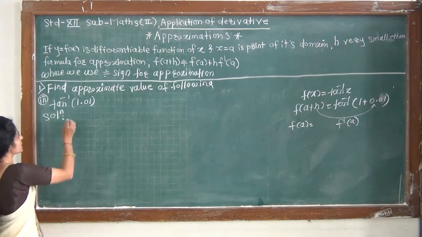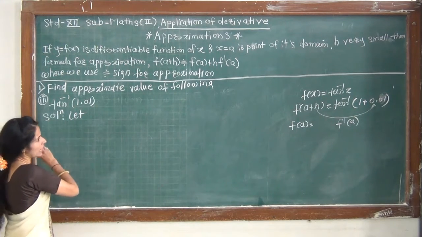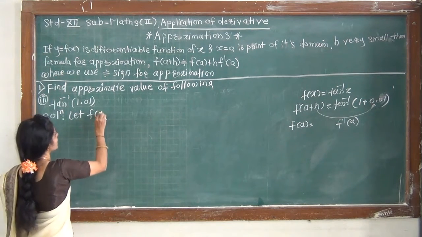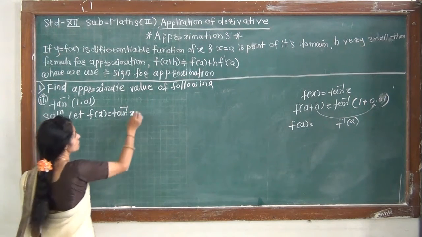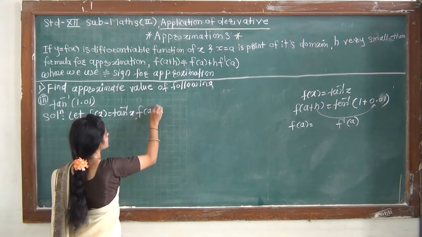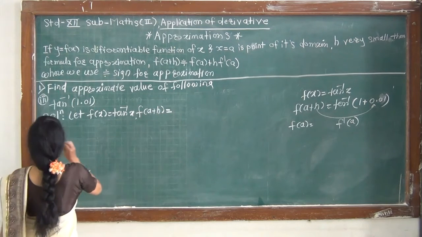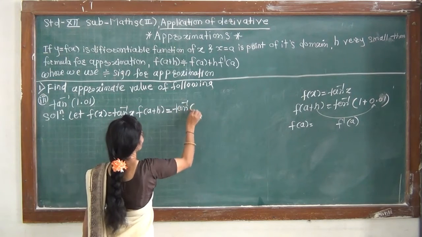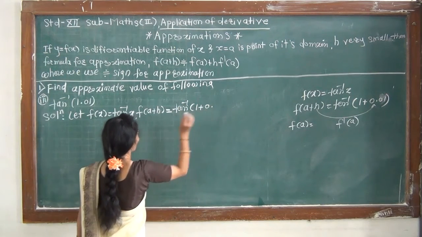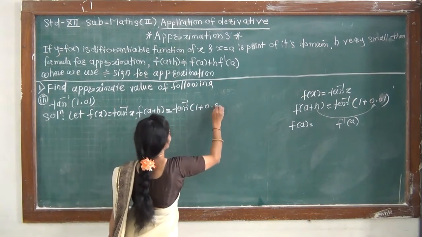Okay, so let me start. We are assuming that f of x is nothing but tan inverse of x. So what is the value of f of a plus h? This is nothing but tan inverse of 1 plus 0.01.